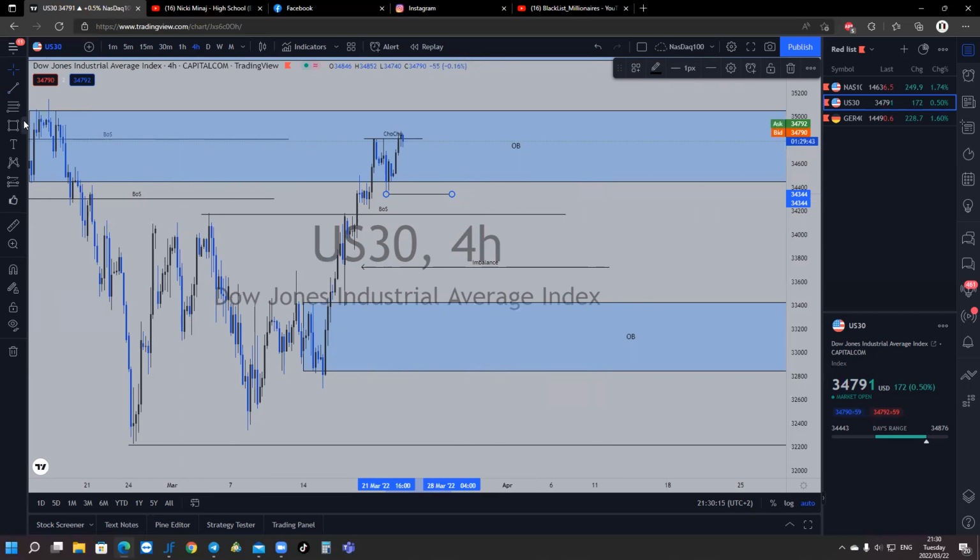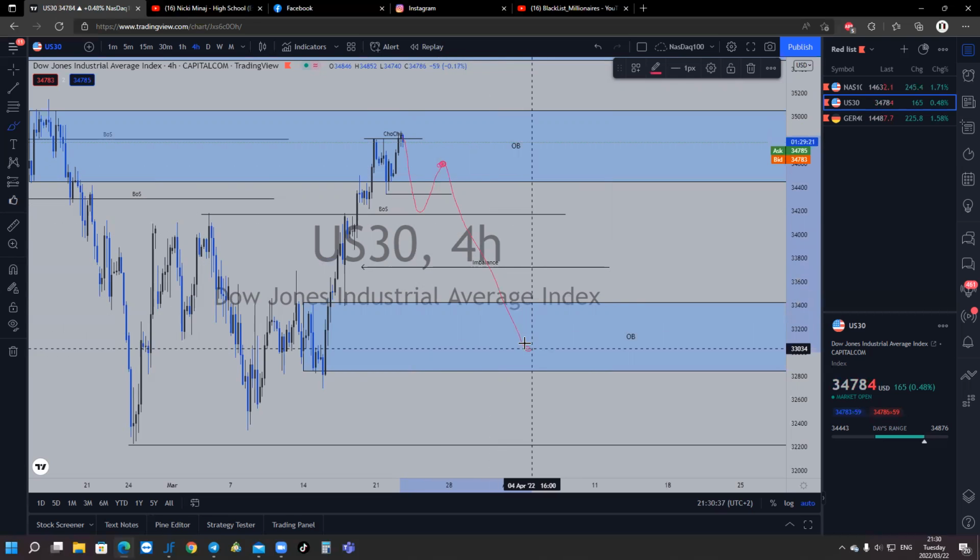So now let me get a brush, and let's just say the market comes back here and breaks the market structure there. Then we need to wait for the market to come back here and retest the order block before it broke the structure, and then continue going to the downside. And when it comes here, that's when we'll look at a trading opportunity of taking a buy going to the upside, like this.